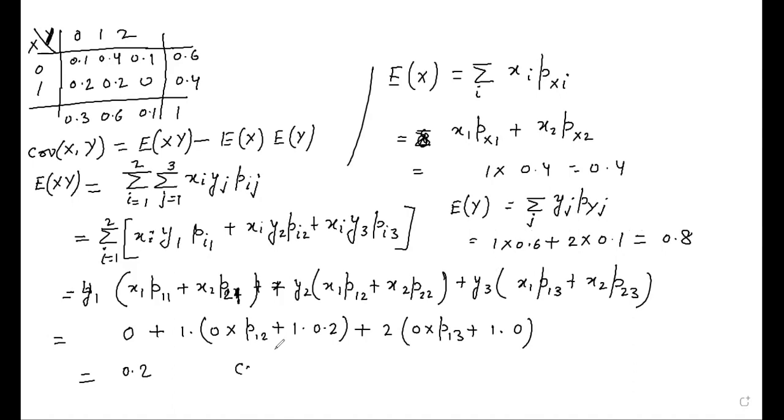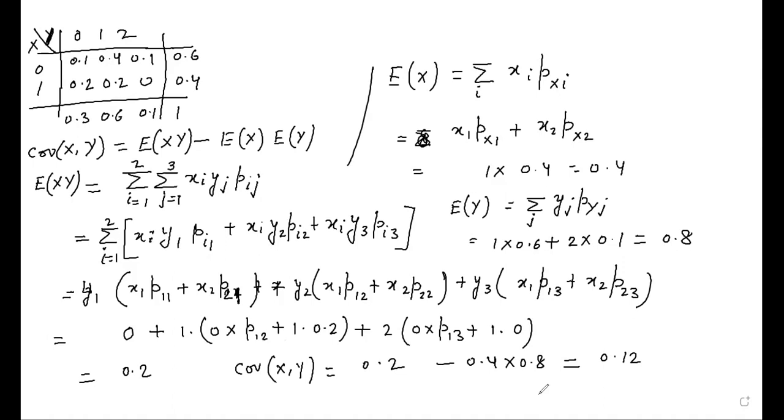So the covariance between X and Y equals 0.2 minus the expectation of X, 0.4, times the expectation of Y, 0.8. The result is 0.12. In this way we have found the covariance.